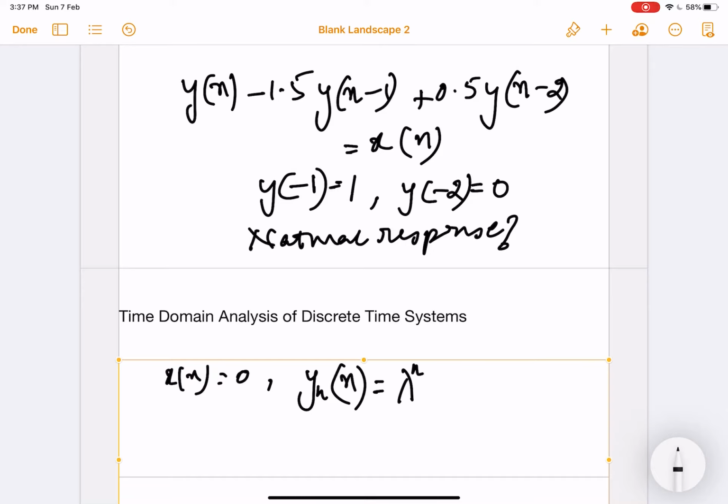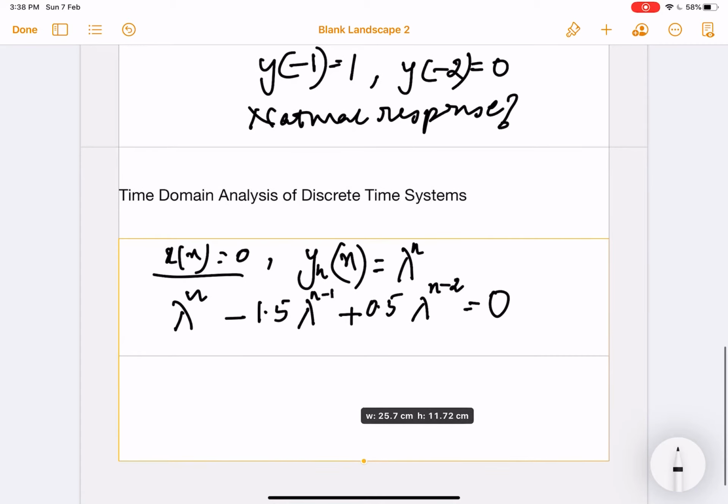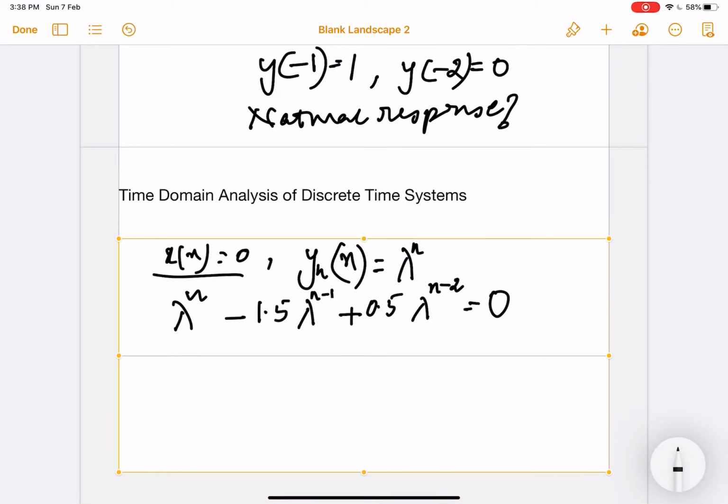If you put it in the equation, what are you going to get? y[n] will be lambda to the power n, minus 1.5 lambda to the power n minus 1, plus 0.5 lambda to the power n minus 2, and it is equal to 0. It's very easy to solve.